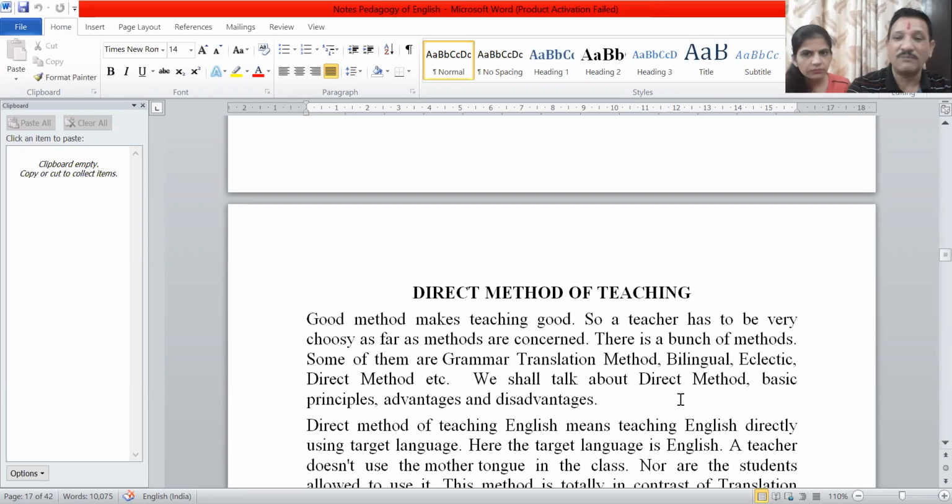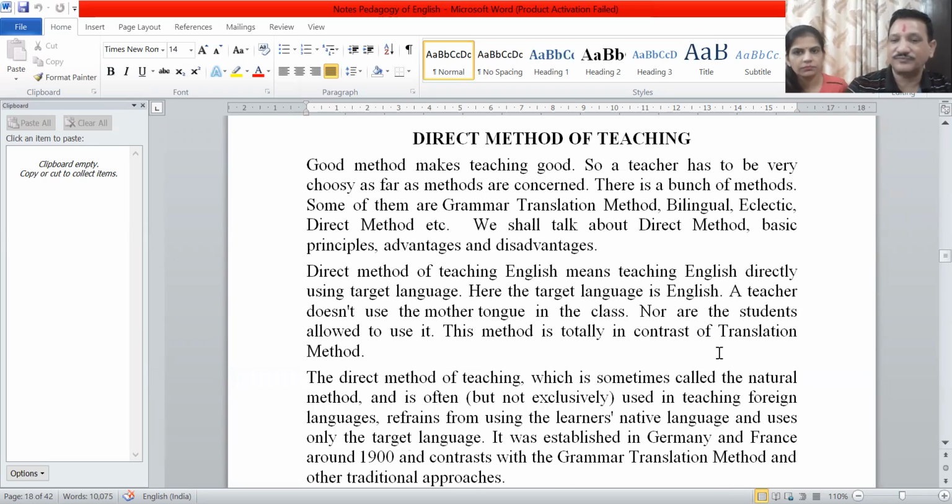Whereas in the bilingual method, we use two languages, one is English, another the mother tongue. It may be Hindi, Tamil, any of them. But in the direct method, no other language is used. English is directly used for the teaching of the English language or of any subject.